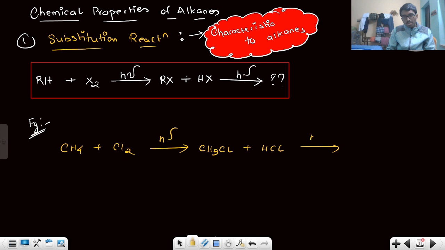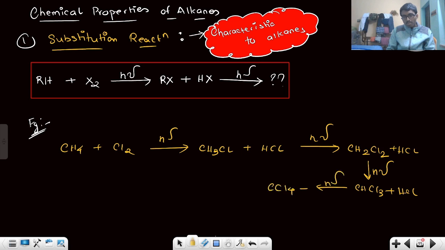Again the reaction keeps on continuing, and this CH3Cl will get converted to CH2Cl2 plus HCl, and the reaction continues. CH2Cl2 will get converted to CHCl3 plus HCl, and ultimately it will give you the final product CCl4 plus HCl. Clear? So you can see the reaction is not ending. The reaction will continue because hydrogen is available.